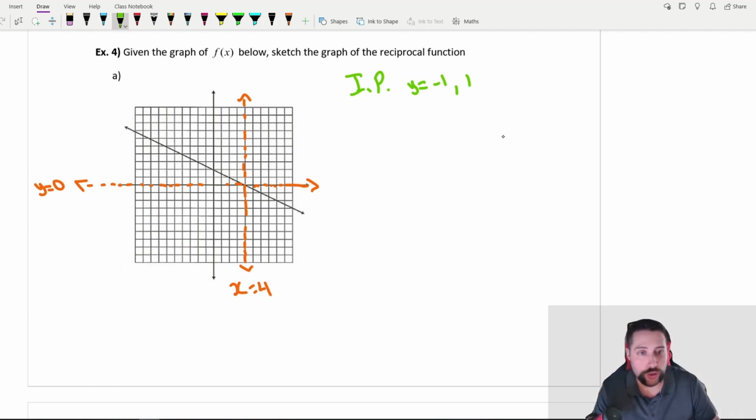Those are your two spots. So one invariant point will be at y equals 1, and here's the other one. Now you sketch the shape of the graph. You follow along the asymptote, touch the invariant point, and continue to about the edge of the graph. And you do the same thing along the other side.